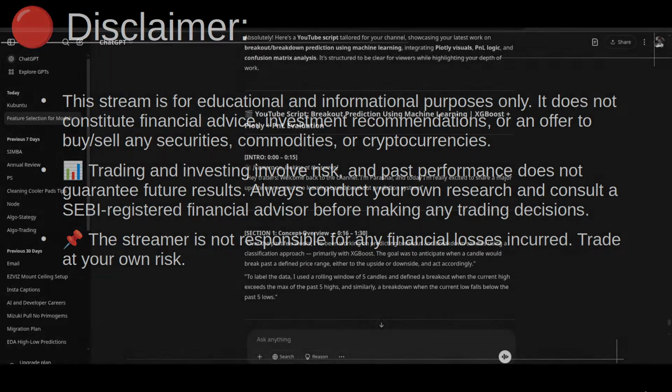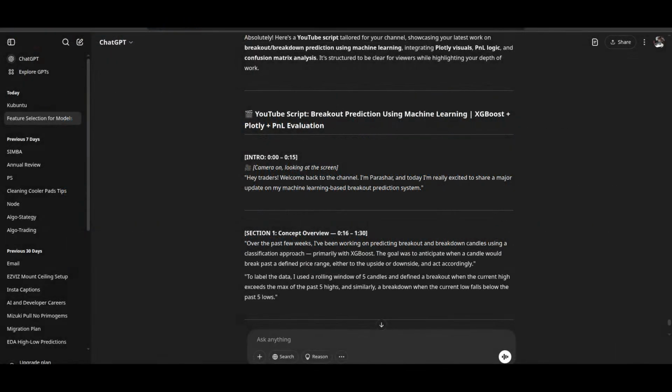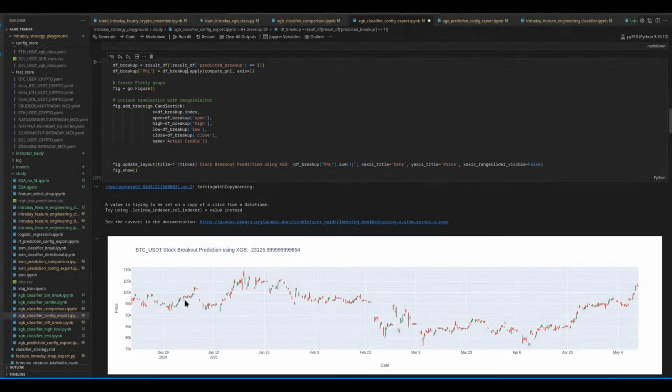Okay, so let me share my screen. This is what I have for today. We'll be going to the code, the different strategies that I have explored.